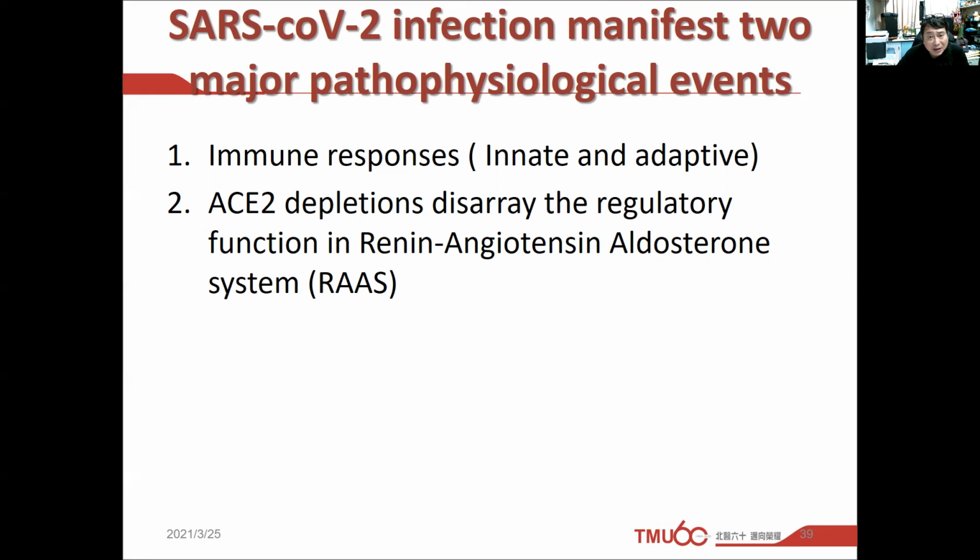Innate immunity includes neutrophils, basophils, eosinophils, and macrophages, monocytes. Adaptive immunity includes B cells and the active form of B cells, plasma cells, and T cells, CD8, CD4 T cells, Treg, and NK cells.